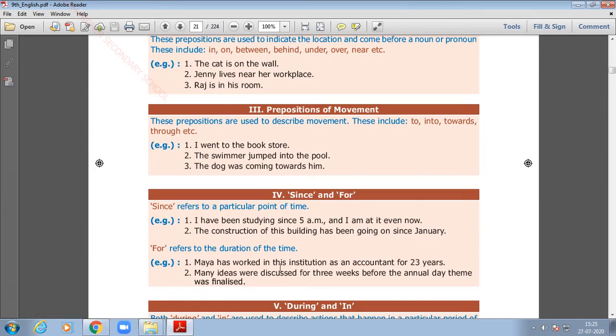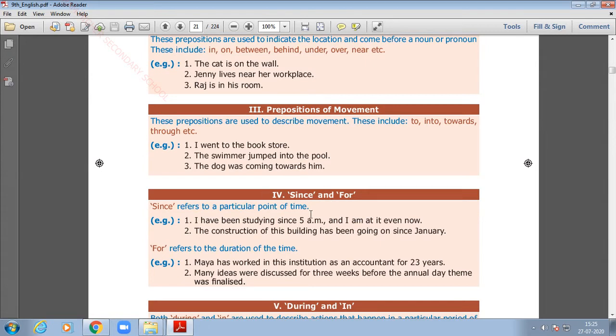Maya has worked in this institution as an accountant for 23 years. For, since it started and going on, it gives you a particular period of time. For indicates a particular period of time, and Maya has worked in this institution for how many years? For 23 years.